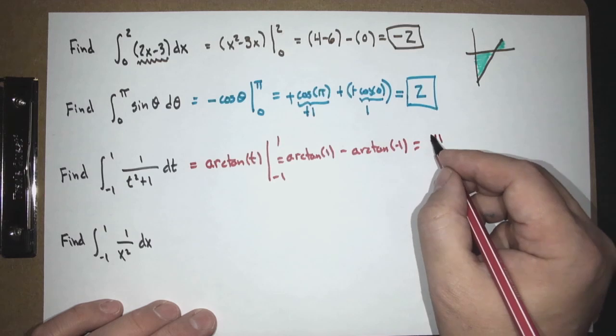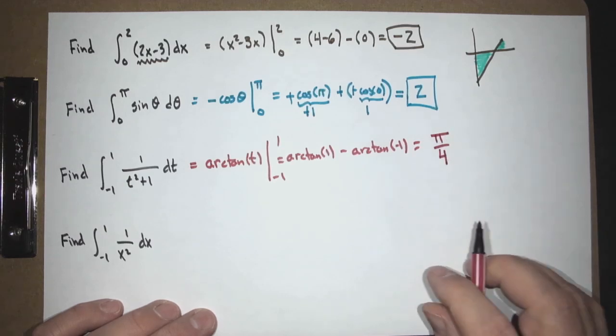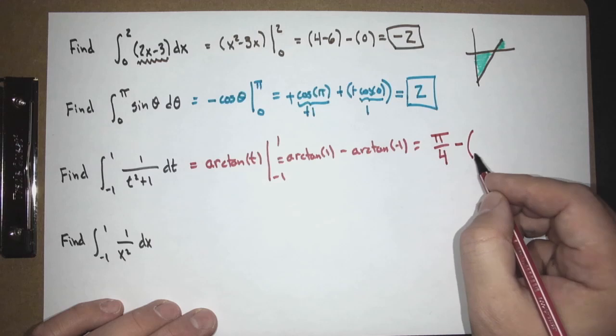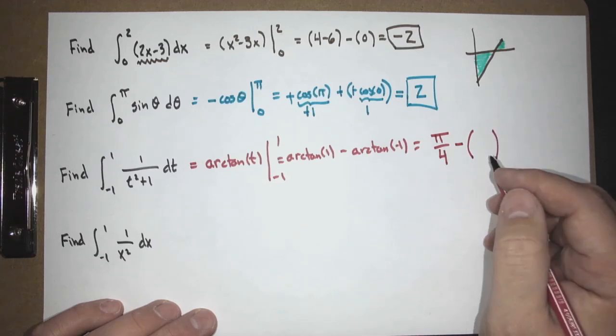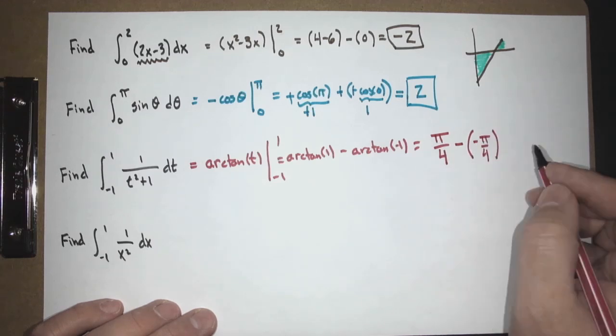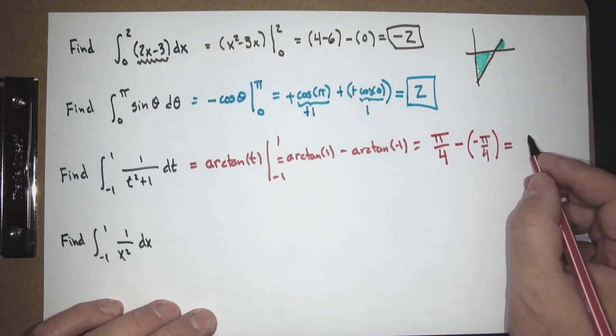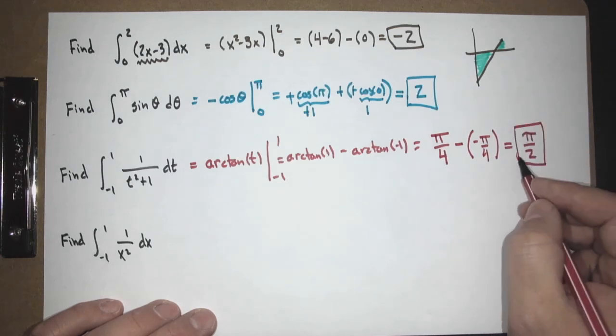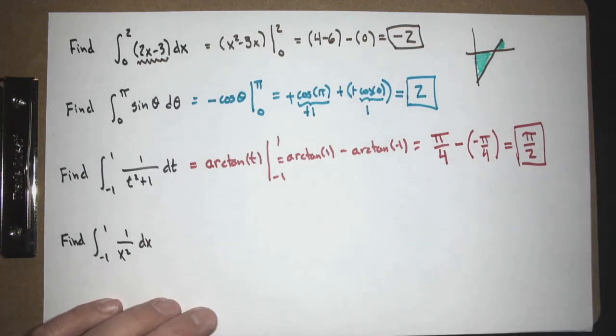It's the angle that when you plug into tangent would give us 1. Arctangent of -1? Negative pi fourths. Put them all together, we get pi halves. So probably you weren't expecting pi to show up. So it's kind of interesting. An interesting one.